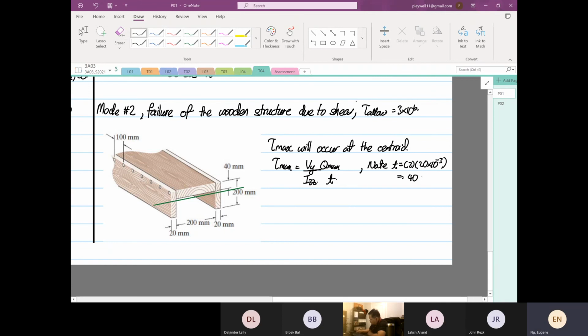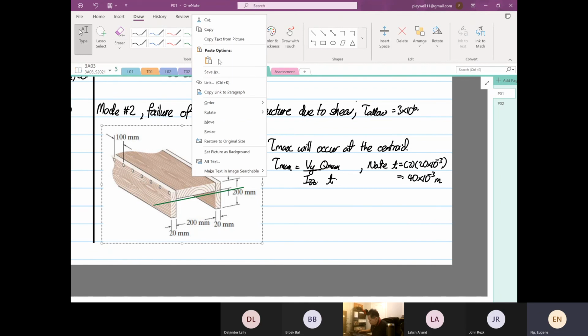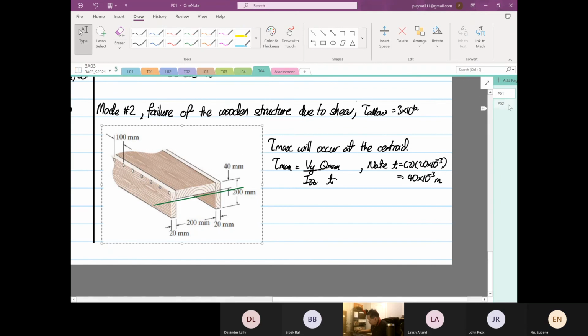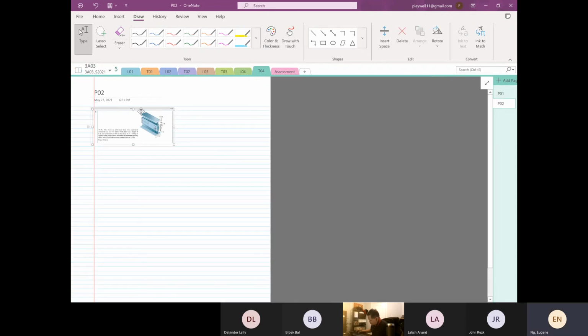So this is equal to 40 times 10 to the power minus 3 meters. Okay, so that's what we know. I'm going to go into another page. There's not enough page for this. I was being ambitious, thinking that I can do this example, but maybe not. But let's do.